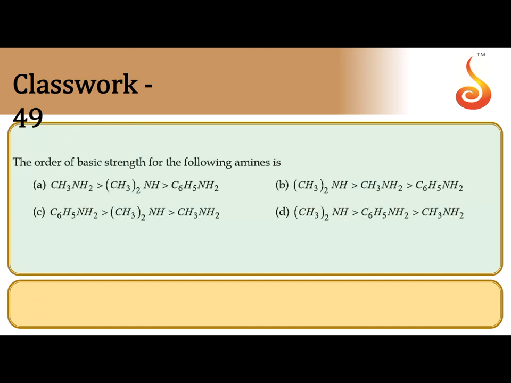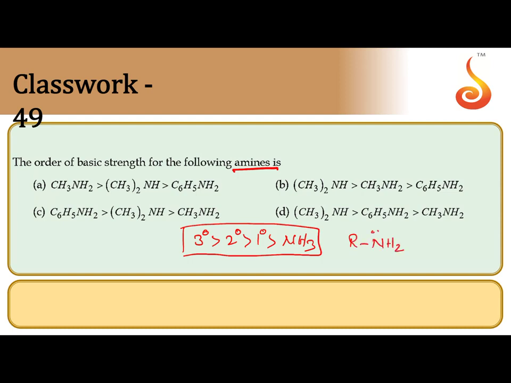The order of basic strength for the following amines. We know in vapor state 3 degree amines are more basic, then 2 degree, then 1 degree, then ammonia. Moreover, aliphatic amine is more basic than aromatic amine, C6H5NH2.